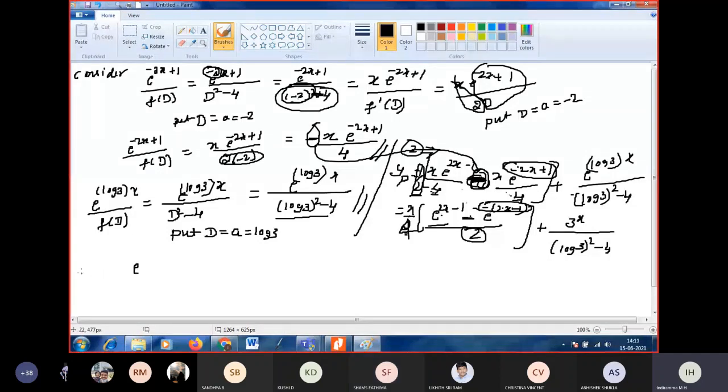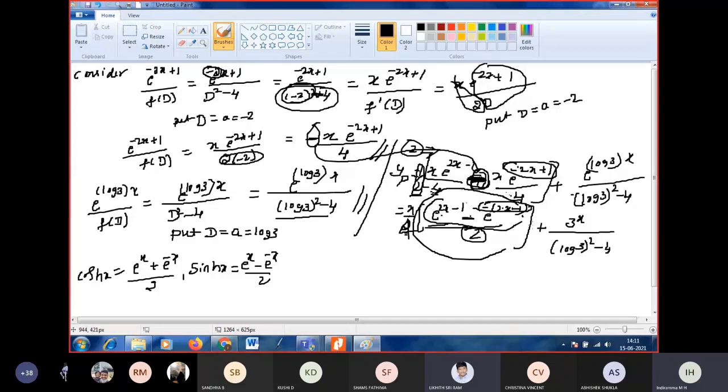So next, we know that cos hx is e power x plus e power minus x by 2. This we know. Correct? What is sin hx? E power x minus e power minus x by 2. Okay, so shall I write this as sin h of 2x minus 1 in the numerator? Yes, ma'am.